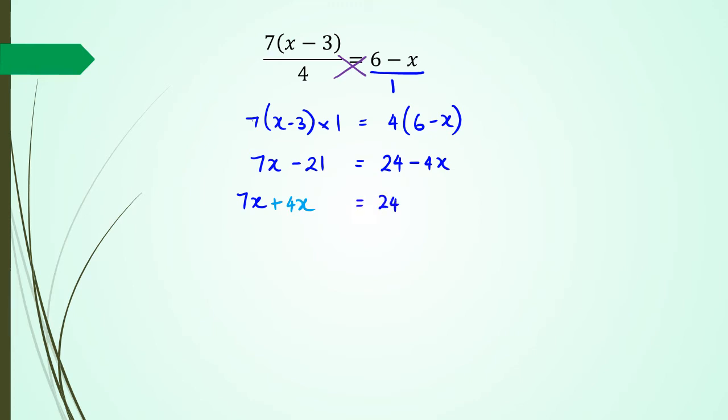And of course, negative 21 when it comes to the right-hand side will become plus 21. So what we end up with is 11x is equal to 45, and then x is equal to 45 divided by 11. So that's my answer for this particular question.